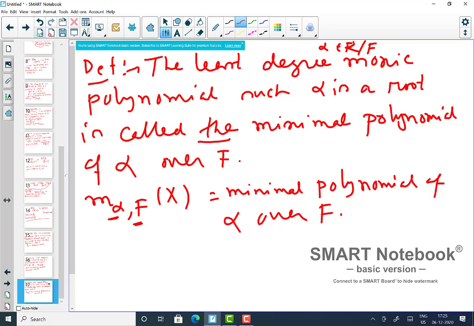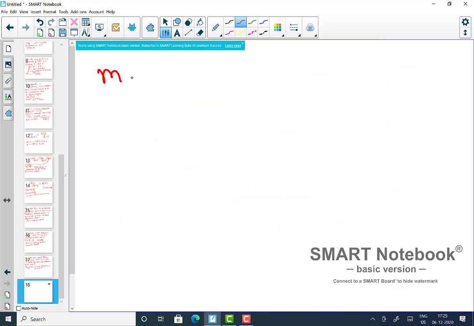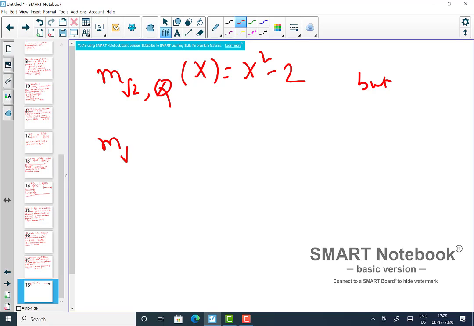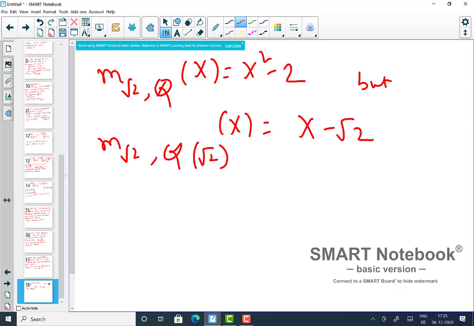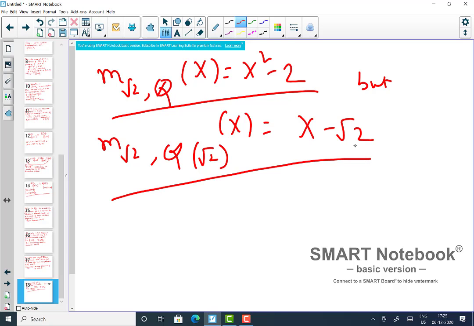For example, m_{root 2, Q}(x) is nothing but x squared minus 2, but if instead of Q you choose Q(root 2), then this is only the linear polynomial x minus root 2. This is a quadratic polynomial, but this is a linear polynomial. So the minimal polynomial depends on the underlying field also.